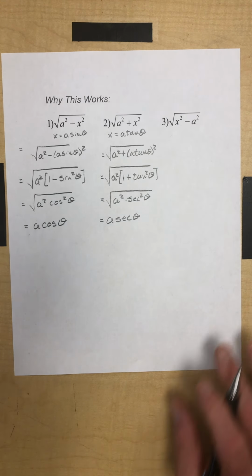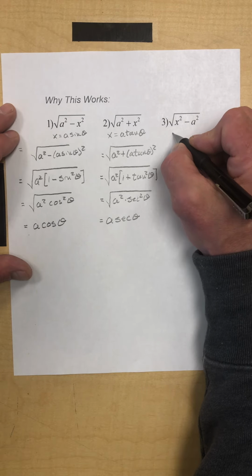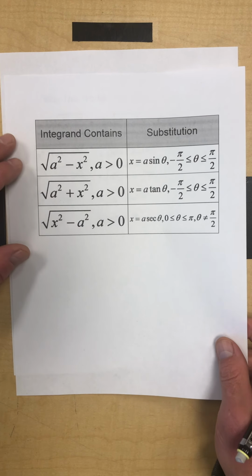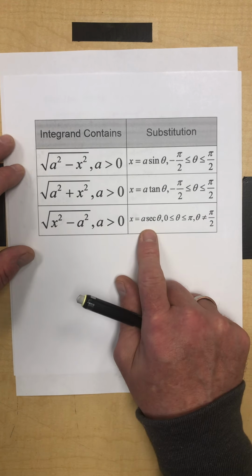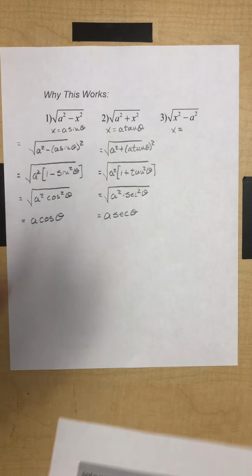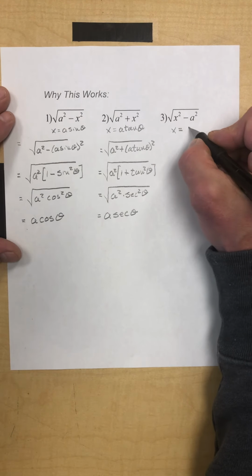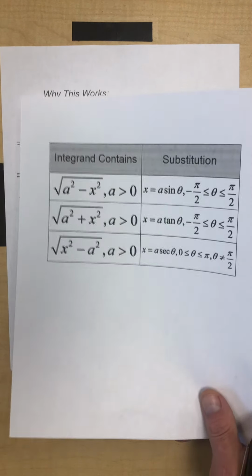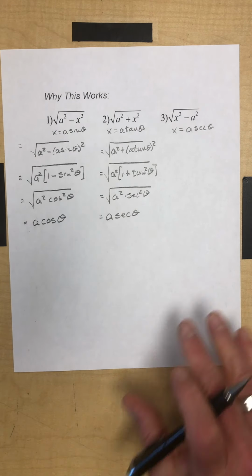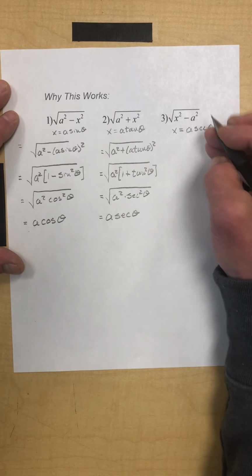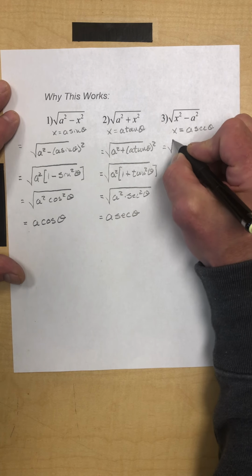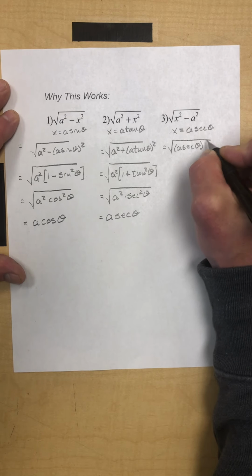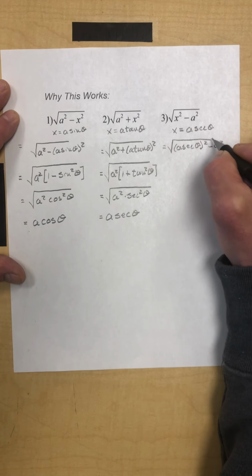Then we go to this last one, x equals, so I go here and we say, what are we going to put in? We're going to put a secant of theta in there. And notice how I keep going back and referring to this. That's why I gave it to you, to make your life easier. So we put that in there, and I'm going to get the square root of a secant theta squared minus a squared.